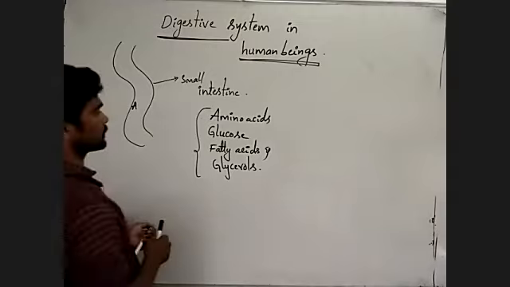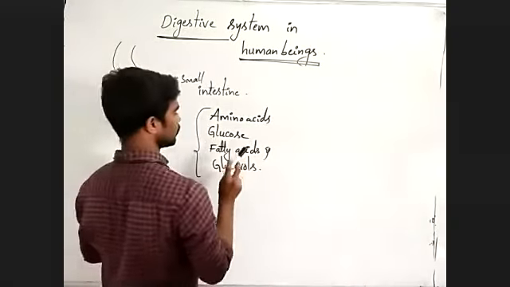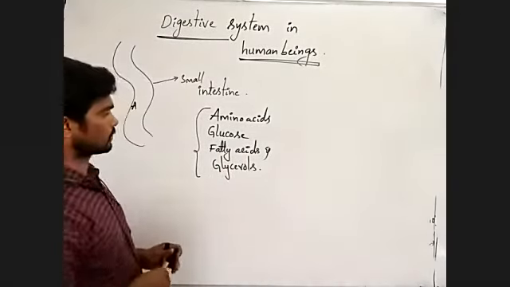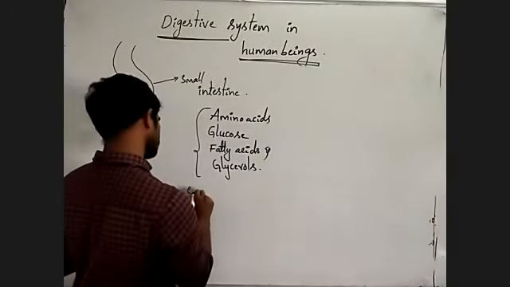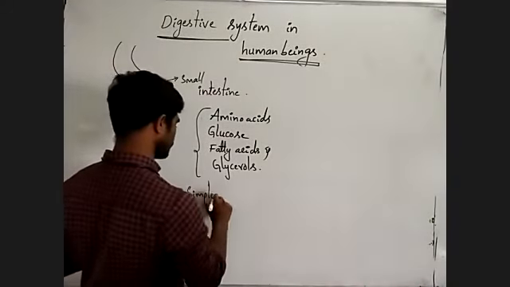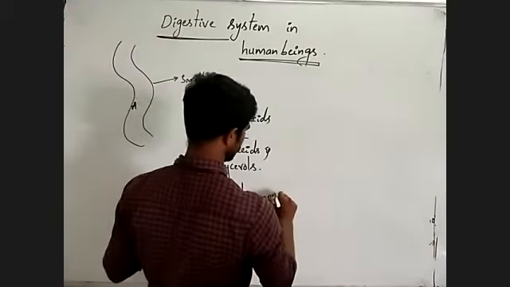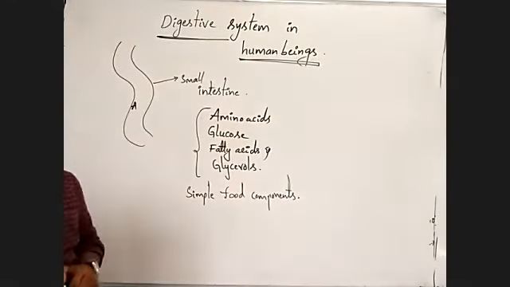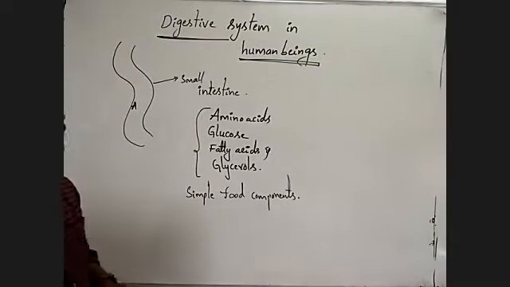This type of simple food component is formed after digestion in the small intestine.